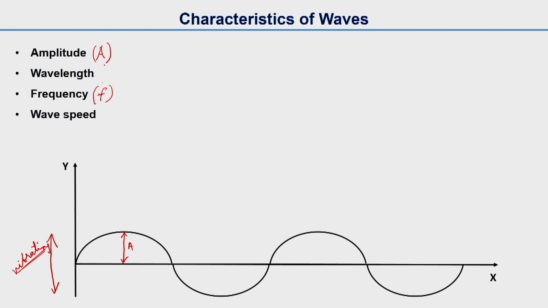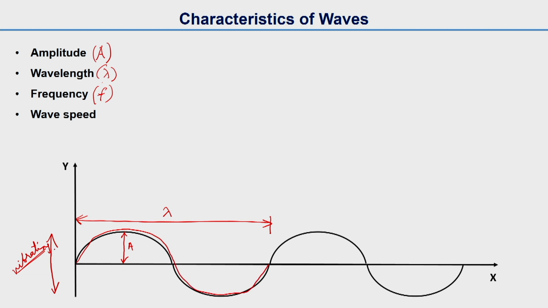Then the wavelength, lambda, is the distance of one complete cycle. One complete cycle means when the string completes one cycle.